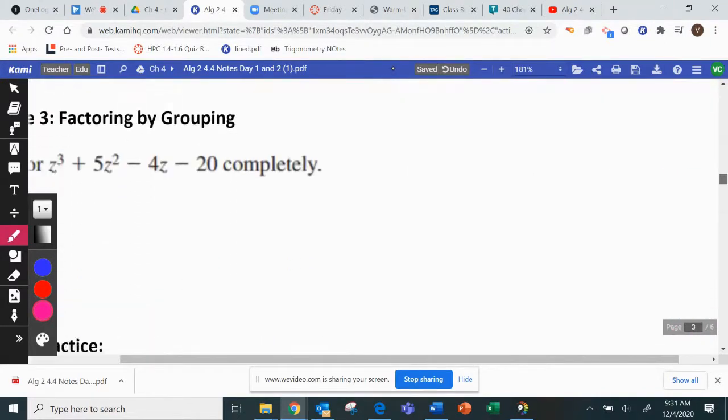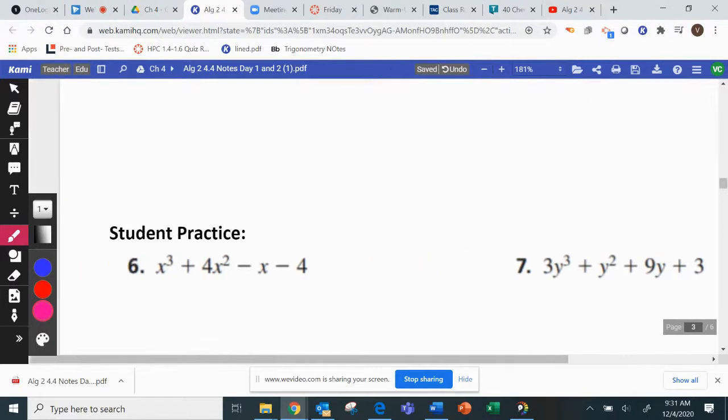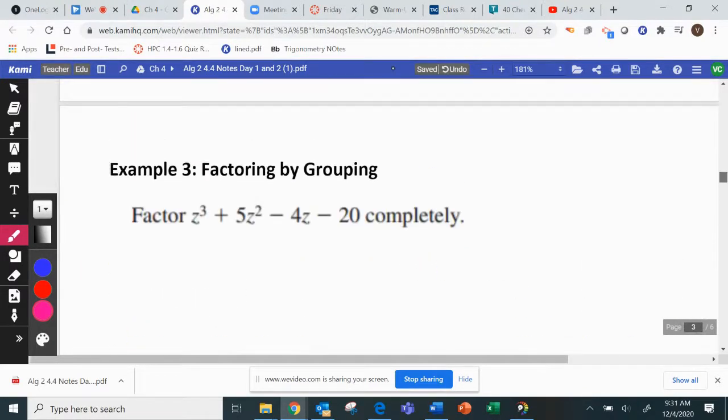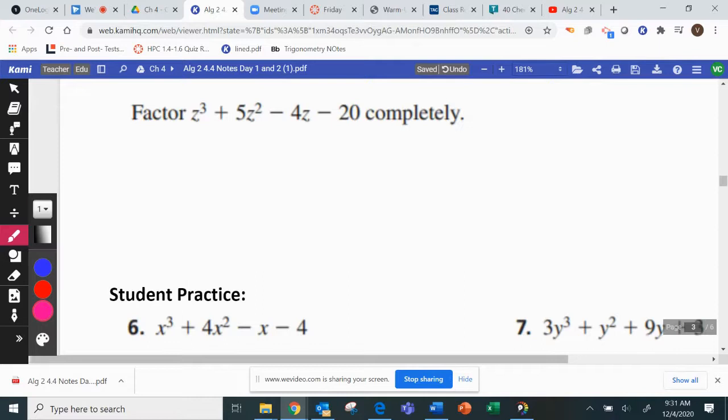Okay. Let me do a factor by grouping example before the end of our class. Factor by grouping, just to remind you, we have to have a plus sign in the middle. So the first thing I notice is that we have a minus sign in the middle, so I'm going to make it plus negative 4z.